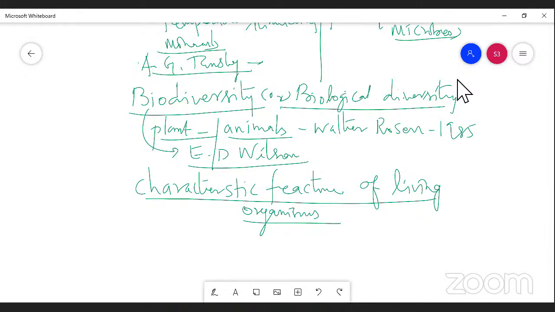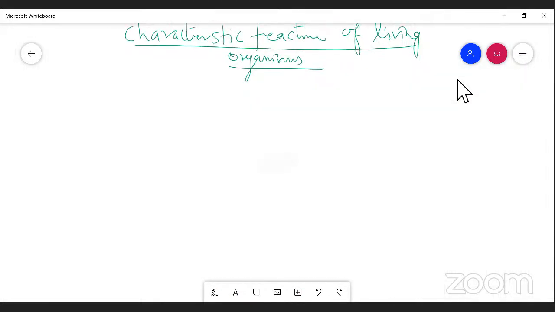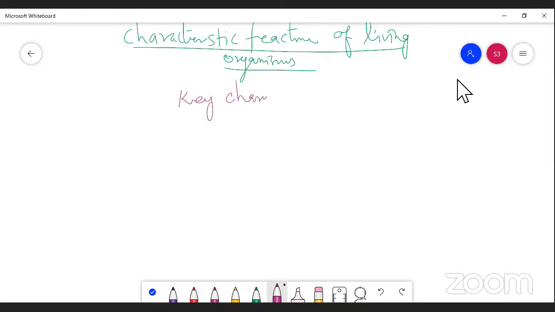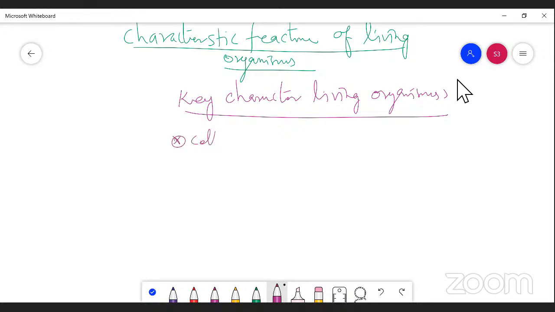Living things have a body structure constructed by cells. What characters may be present, we can accept as living; what characters may be absent, that is non-living. The first one is cellular organization.